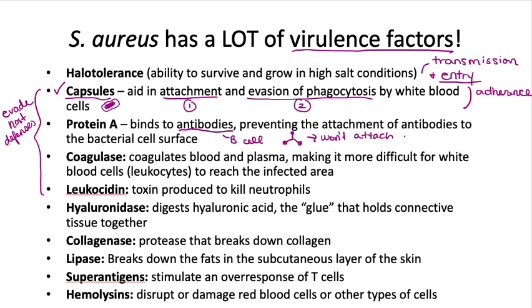And if it won't attach to staph, then it prevents phagocytosis by the white blood cells that recognize antibody-marked pathogens like the macrophages. So if the antibody won't attach to the staph, then the macrophages won't recognize it. So that will prevent phagocytosis or being eaten by the macrophages.